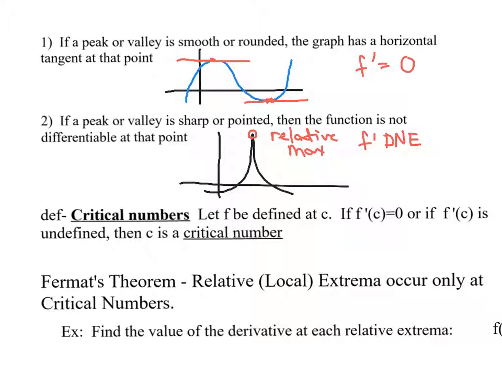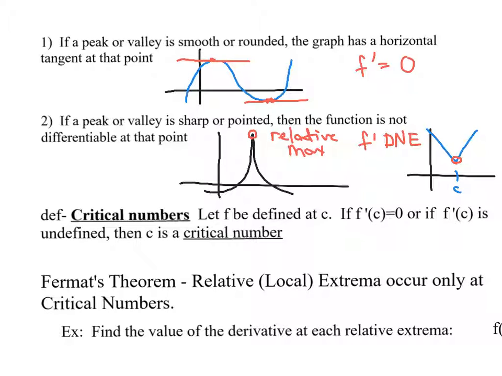Think about when else I could have a sharp turn. Our favorite graph, of course, is the graph of the absolute value function. So for example, if I've got a graph that looks like this, where my sharp turn is right here at c, then at that spot I can't take the derivative.